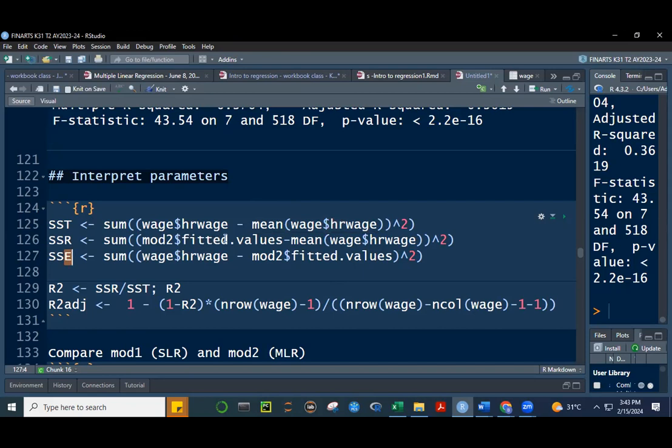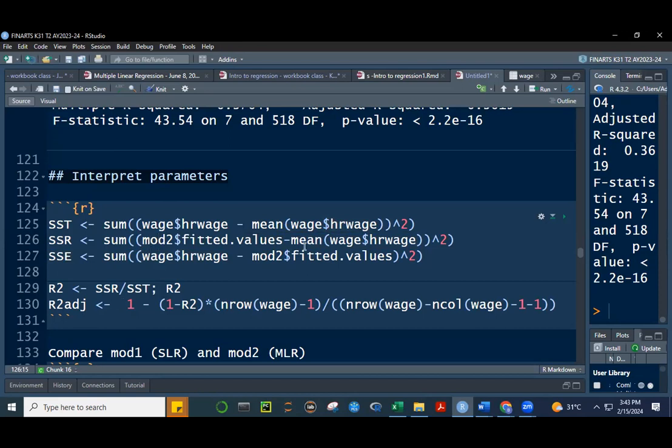Sorry, did I say observed value here for the fitted? I'm sorry. This is not the observed value, but the predicted value or fitted value. This is the observed value minus your predicted value. Once again, get the difference, that's your residual, square, and then get the sum. So you'll be able to get your SST, SSR, and SSE.